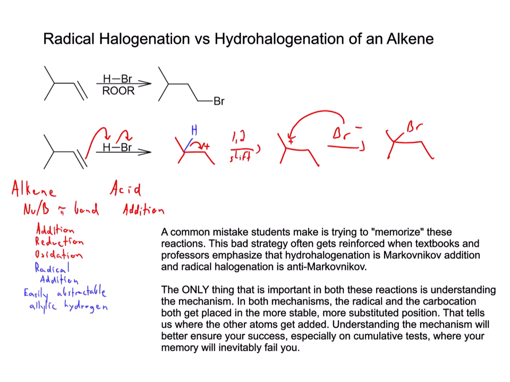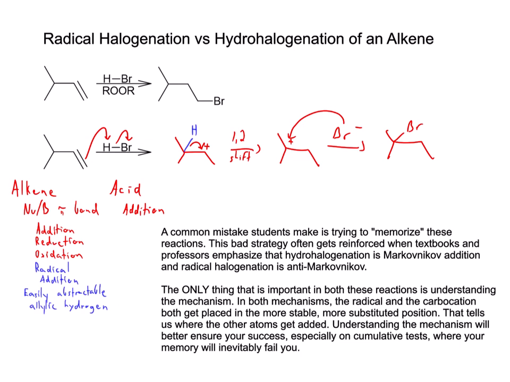A common mistake that students make is that they try to memorize every single reaction that they come across. This is a particularly bad strategy, and this often gets reinforced in this chapter in particular when textbooks and professors emphasize that hydrohalogenation is a Markovnikov addition and radical halogenation is anti-Markovnikov. That doesn't matter. The only thing that's important in both these reactions is understanding how the mechanism works.